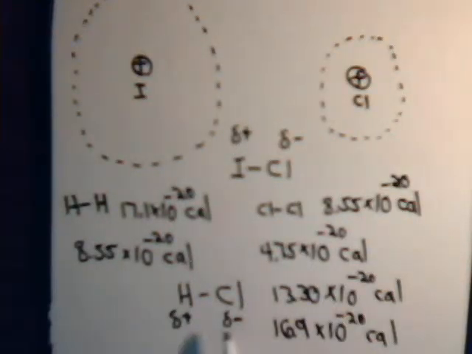Opposite charges attract each other, and therefore it adds extra strength to the bond. So when we have polarized covalent bonds, we expect them to be stronger than when we have just a pure covalent bond. But that's not always the case. There can sometimes be other factors involved that can weaken the strength of a polarized bond.